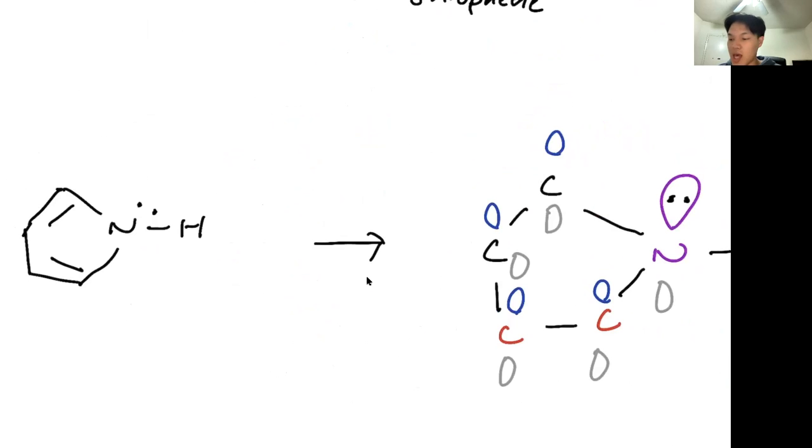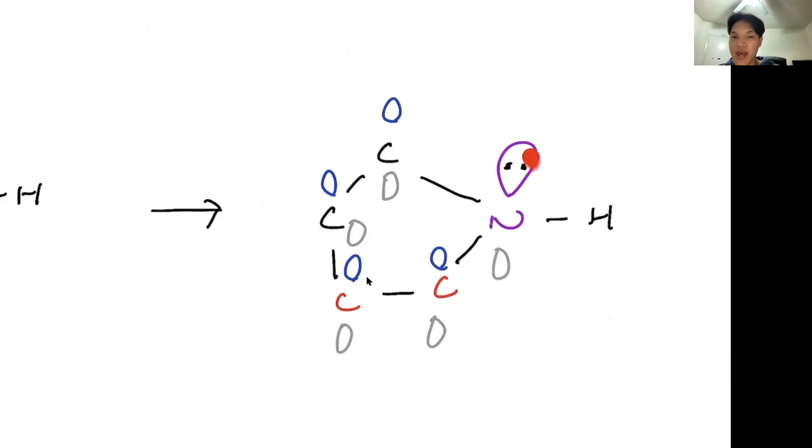But because this nitrogen has that lone pair, it's also within the space of everything else in here, right? It's also a pi orbital. So that means it can and will resonate within these pi orbitals here, and it'll form this cyclic, as you can see, where I'm connecting every blue in a circle, right? Like that. So because of that, it's in the same plane as those pi orbitals. The lone pairs are also in the same plane as the pi orbitals. So that means it will and it can participate in making the molecule aromatic.